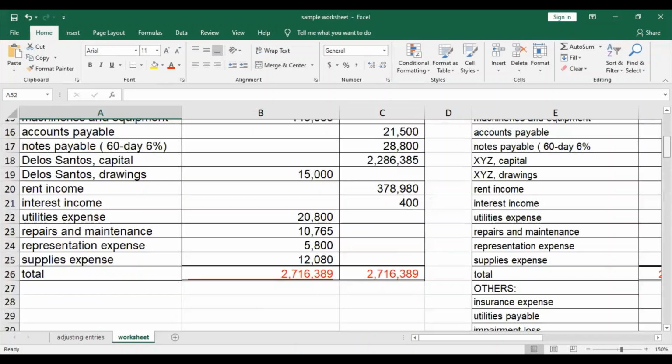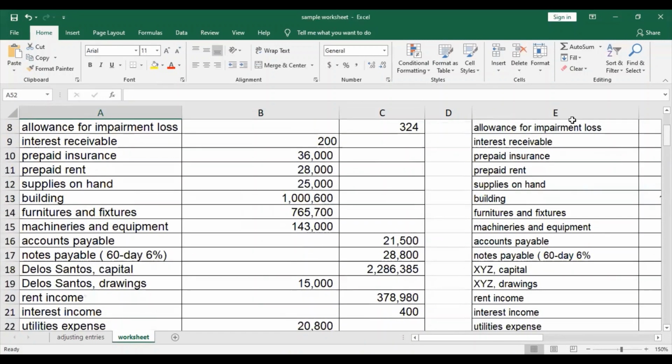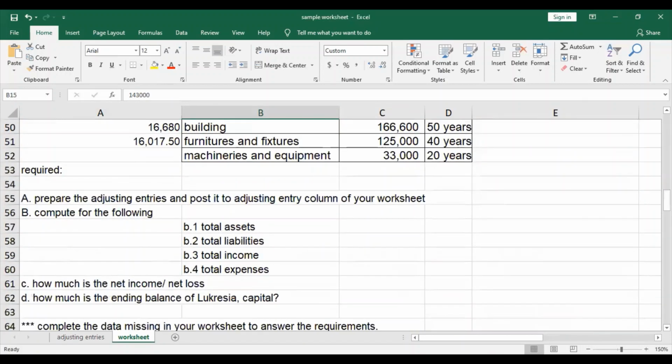For machineries and equipment, its cost is 143,000 less its salvage value of 33,000 divided by its useful life of 20 years.